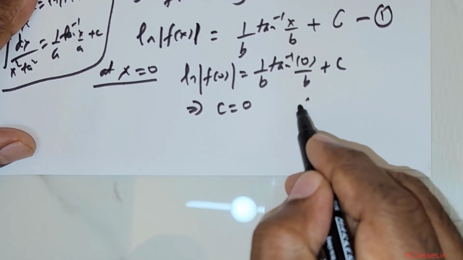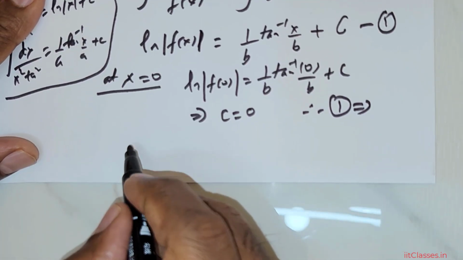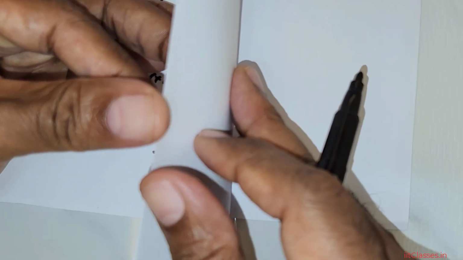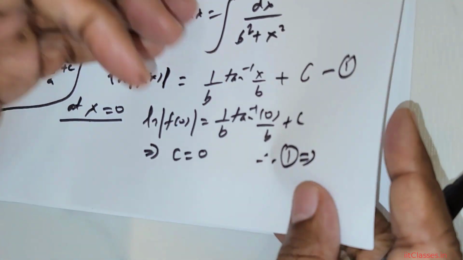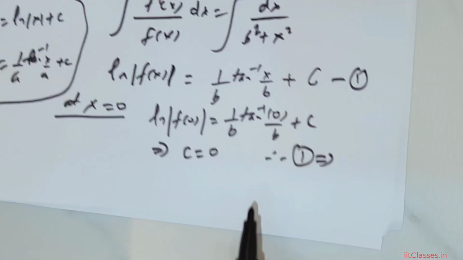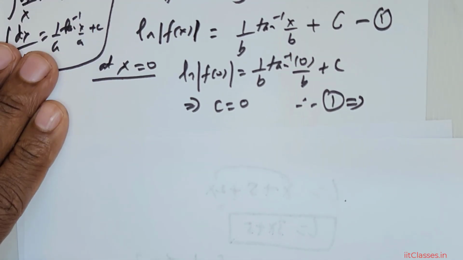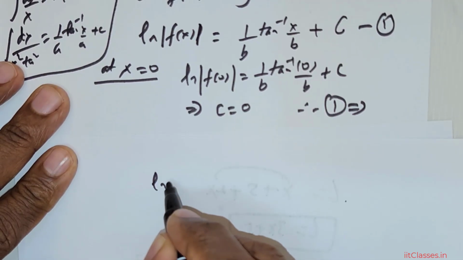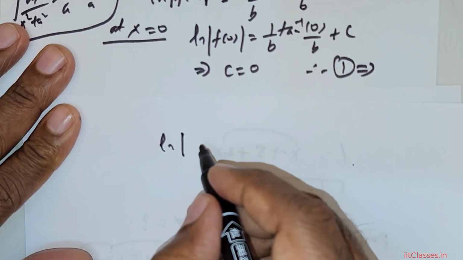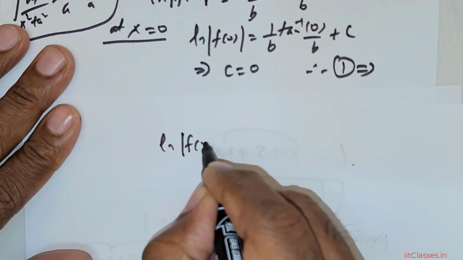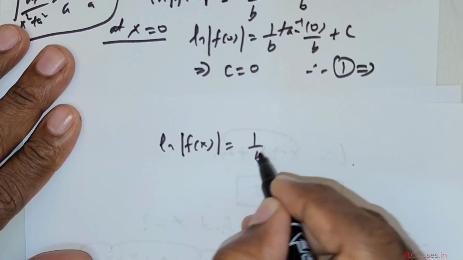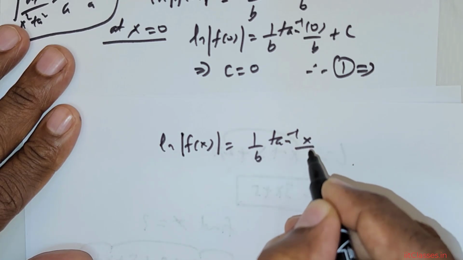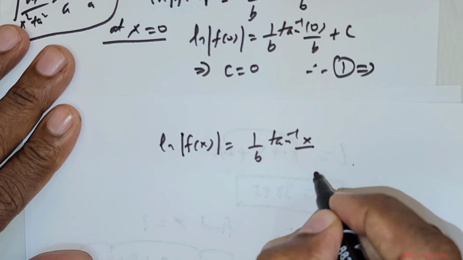So this is going to be giving us ln modulus f of x is equal to 1 over b tan inverse of x over b.